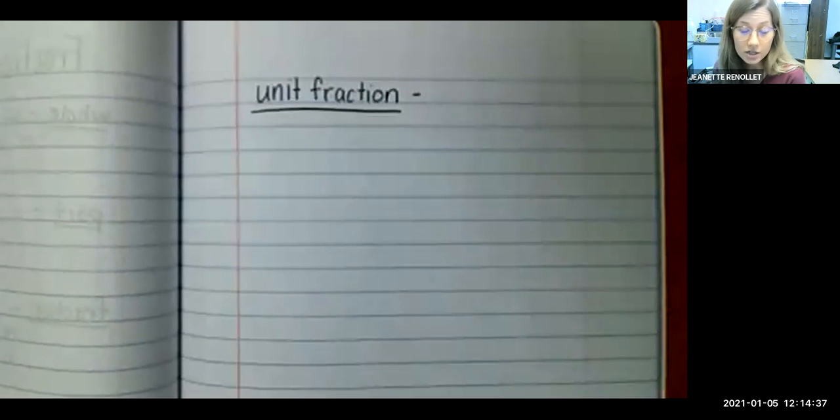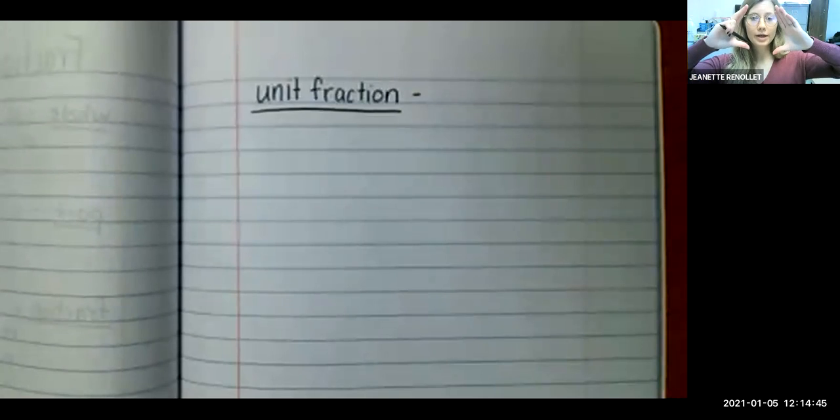Now we're going to write the definition of a unit fraction. A unit fraction is sort of like the word part. Remember, we have a whole, and then part means one of the pieces. That's sort of the same thing as a unit fraction.